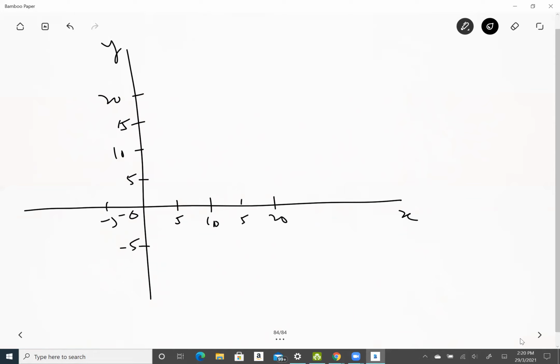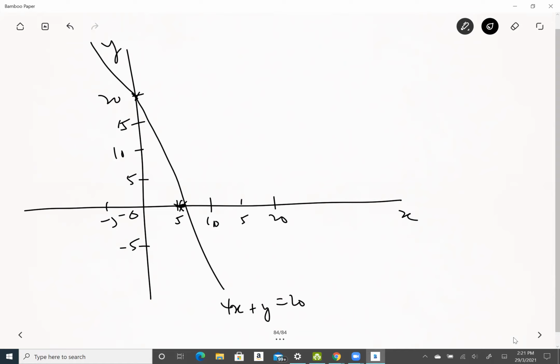For the first equation, you get 5, 0 somewhere here, and then 0, 20 there. So you connect the points. My line is off a little bit. So you label that as 4x plus y equal 20.